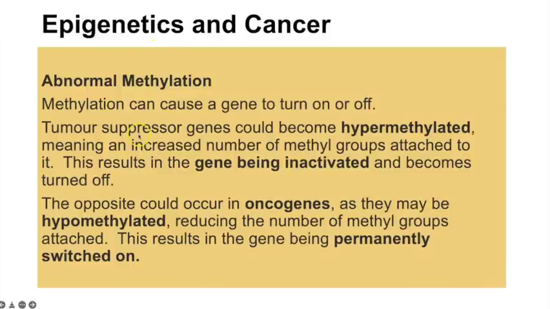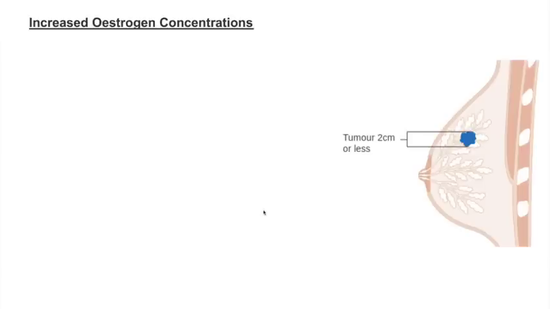So if that happened to a tumour suppressor gene, that protein won't be produced that slows down cell division in the cell cycle. Now, the opposite could occur in an oncogene. They may be hypomethylated, meaning you don't have very many methyl groups attached, and that could result in the gene being permanently switched on, and therefore lots of the protein is being produced to initiate that cell division constantly.